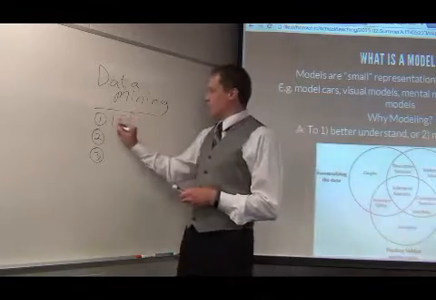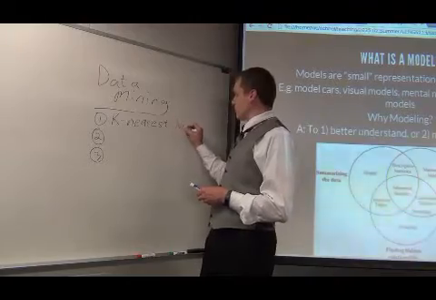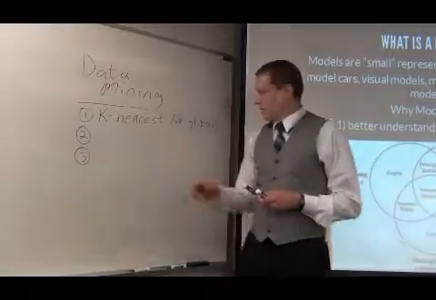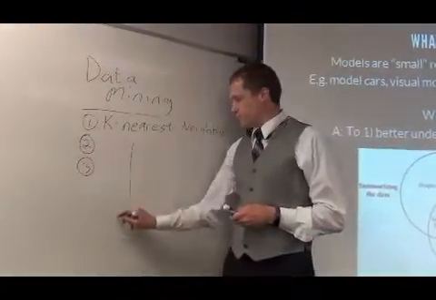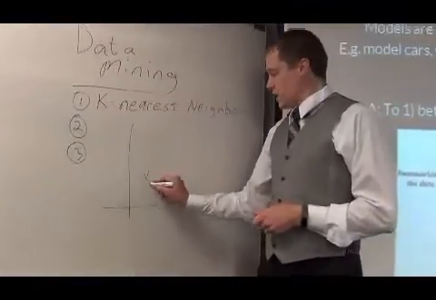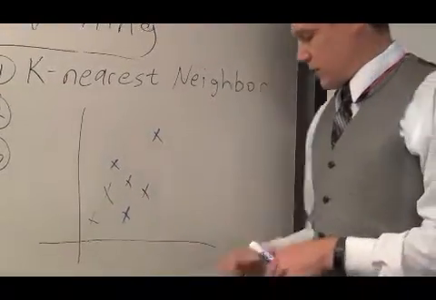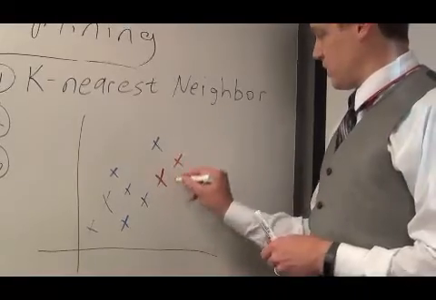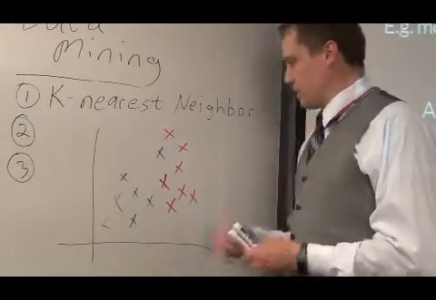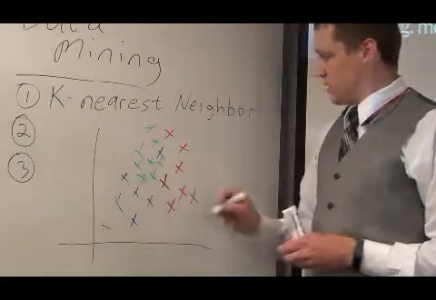The first data mining algorithm we're going to look at tonight is an algorithm known as the k-nearest neighbor algorithm. And the way k-nearest neighbor works, again, I'm just going to use a simple graph, is let's say we have data that looks like that, and maybe some data that looks like that.